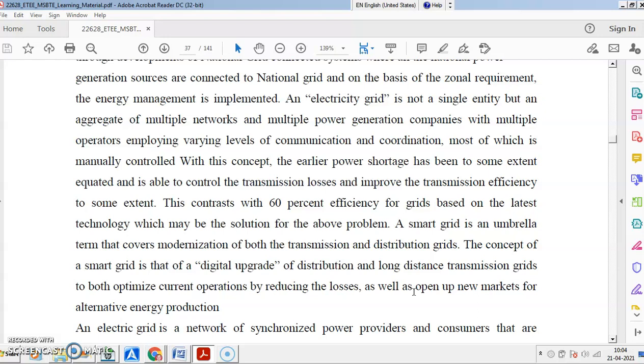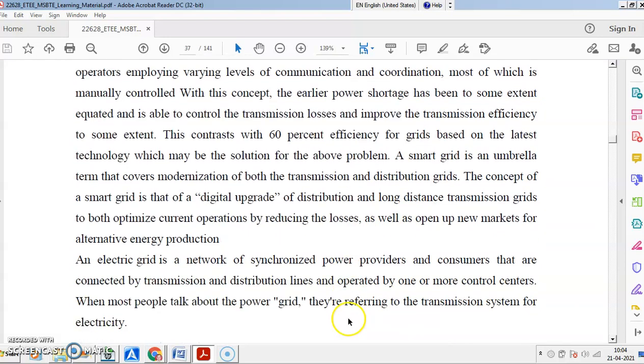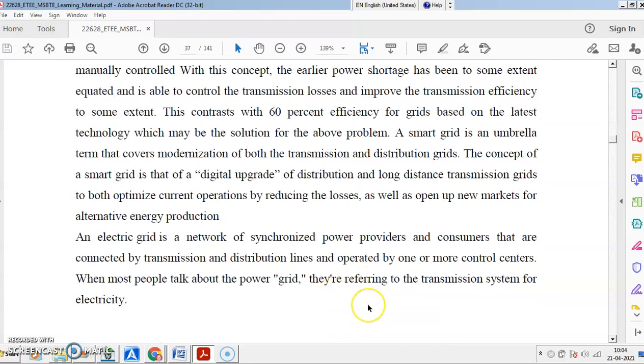The concept of smart grid is the digital upgradation of distribution and long distance transmission network grids to both optimize current operations by reducing the losses as well as open new markets for alternative energy production. An electric grid is a network of synchronized power providers and consumers that are connected by transmission and distribution lines and are operated by one or more control centers.